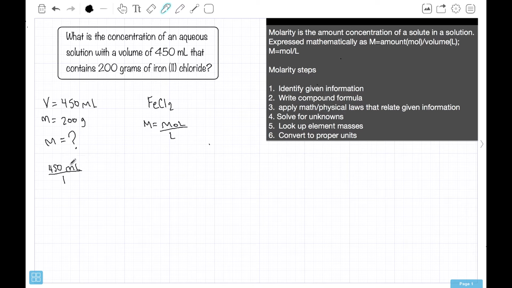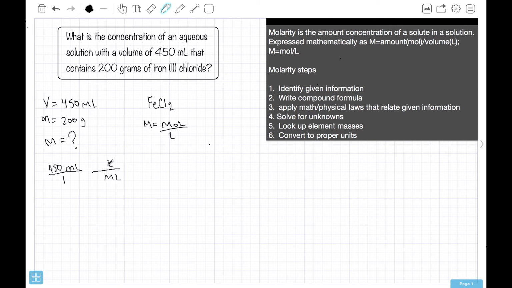And in order to get rid of the milliliters but end up with liters, I'm going to write milliliters in the denominator of my ratio, and I'm going to write liters on top so that after I multiply, milliliters will cancel and I'll be left with liters.